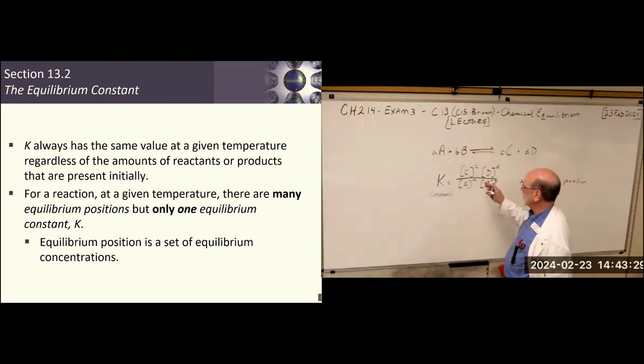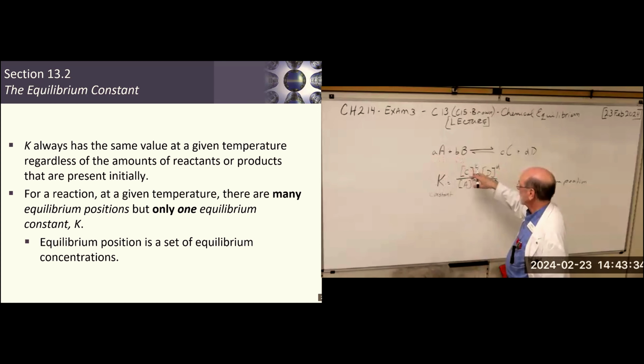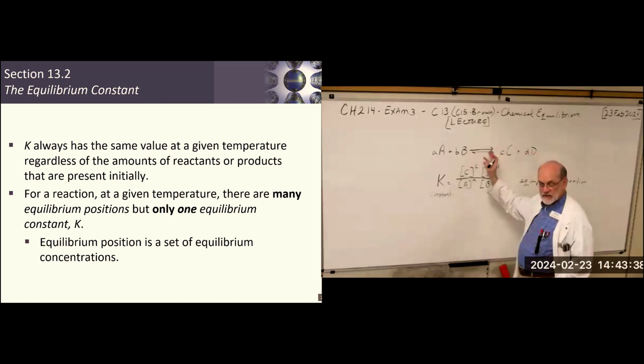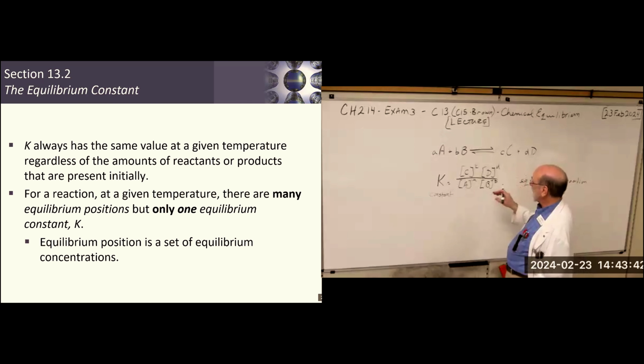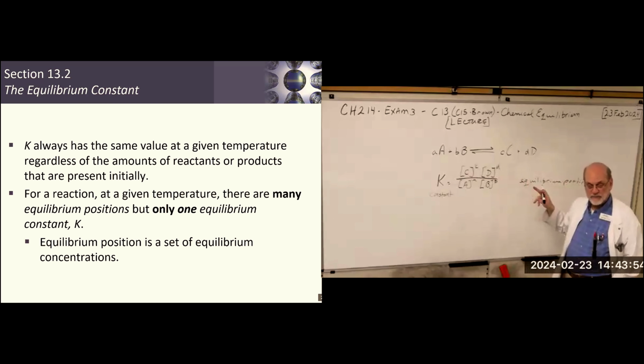If you start off with a certain amount of A and B, then you'll get a forward reaction until the reverse reaction equals its rate. And you'll get new values. The A and B will be lower than they started. C and D will be something. And you can calculate a K value. But the concentrations of A, B, C, and D give you an equilibrium position.